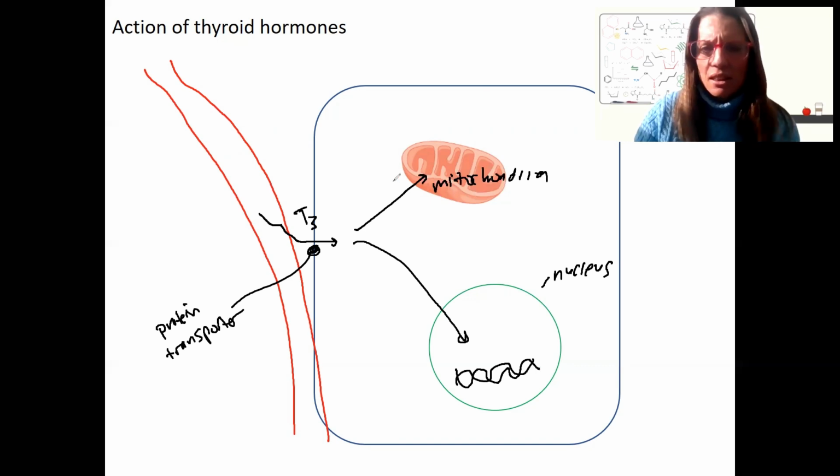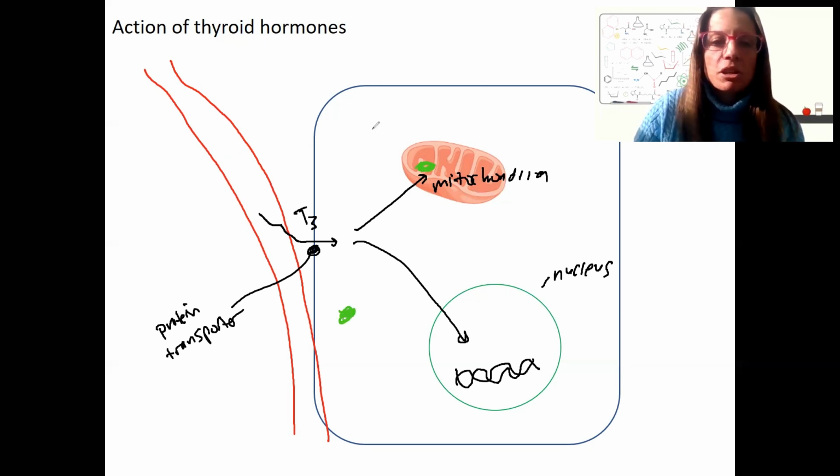Let's add the protein. It's got a receptor, right? Hormones have to bind receptors to have actions. The receptor could either be in the cytoplasm. Let's just draw some around here, right? There's more than one. These are our T3 receptors, thyroid hormone receptors. There might be one in the nucleus.